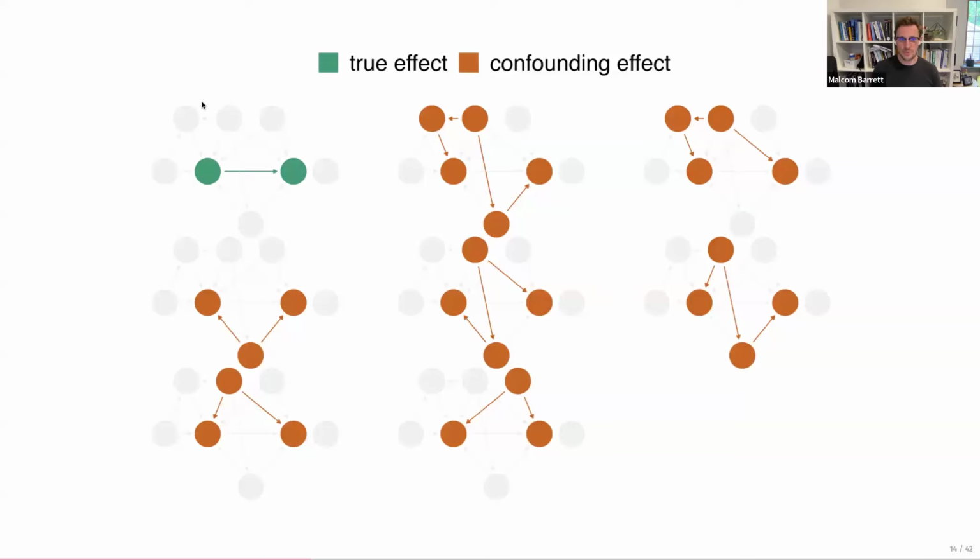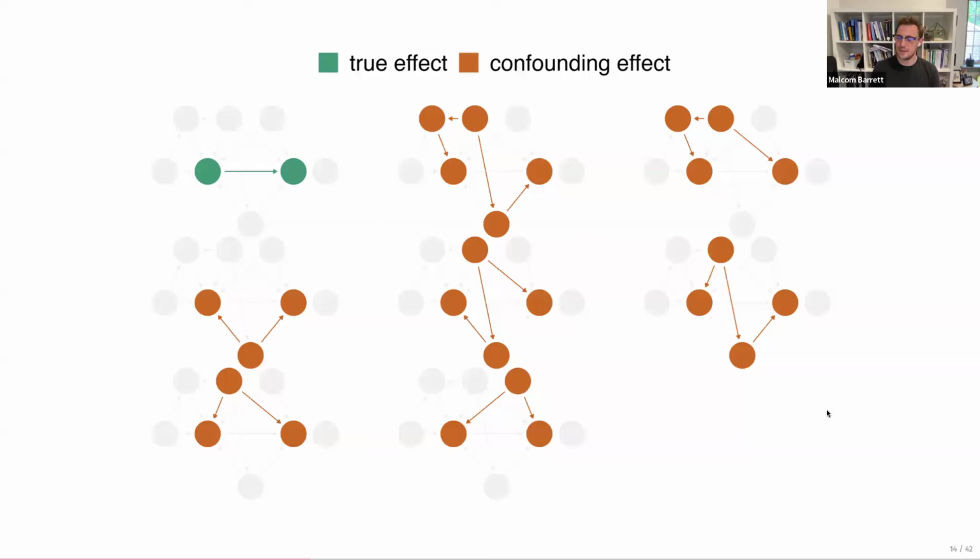And so this is the effect that we want to isolate, but unfortunately, these other pathways are polluting the estimate that we get. And so what we need to do is to find the analysis that will give us this result without any of these other results.